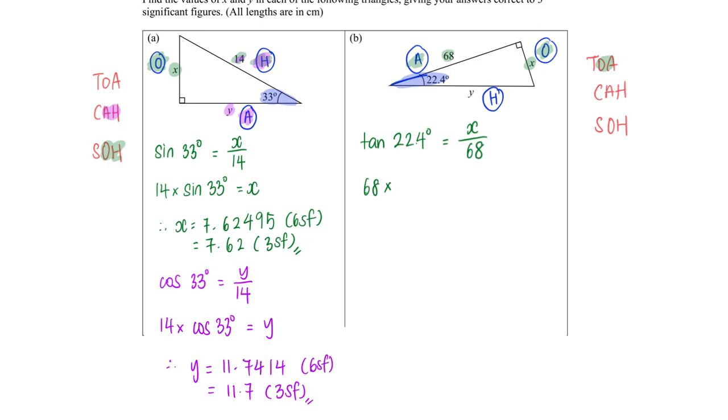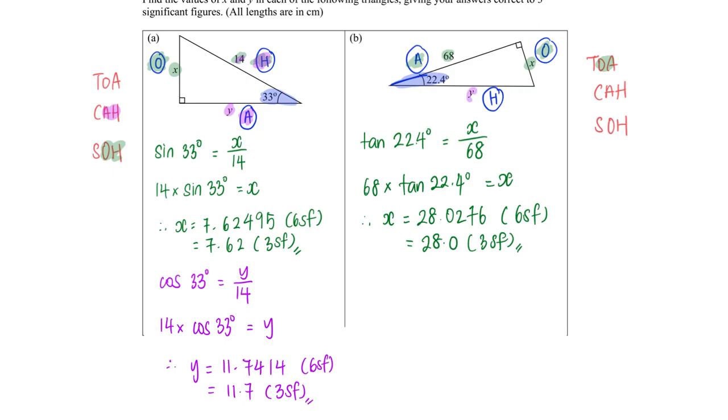So X is simply 68 multiplied by tangent 22.4 degrees. So from here I can get my X already. 68 times tangent 22.4. 28.0276 to 6 significant figures, followed by 3 significant figures.